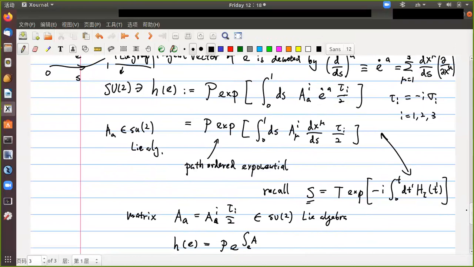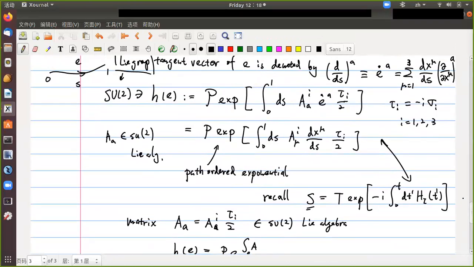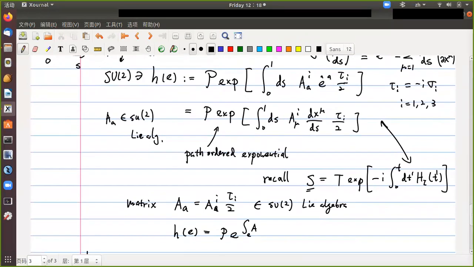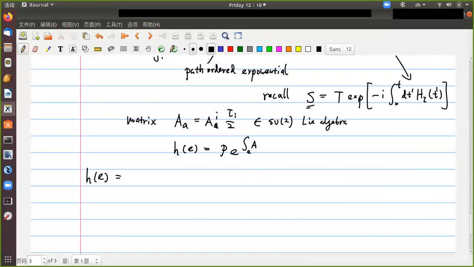So the conclusion is that, because the connection field is a Lie algebra valued one form, the holonomy belongs to the Lie group, the gauge group. Here it is just SU(2).